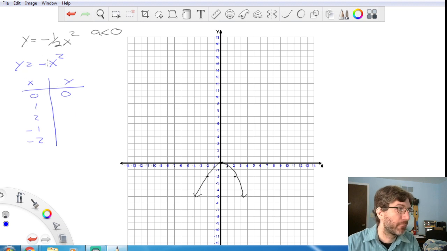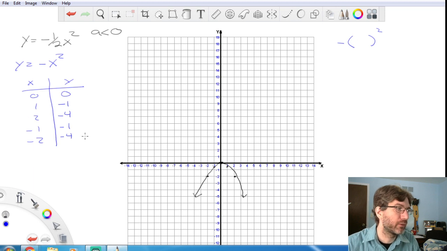That's your origin. 1 squared is +1, then you make it negative, so you get -1. 2 squared is 4, then make it negative, you get -4. -1 squared is 1, then make it negative, you get -1. -2 squared is 4, then make it negative, you get -4.